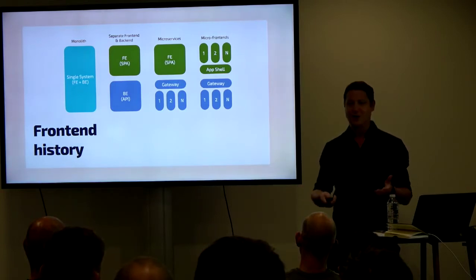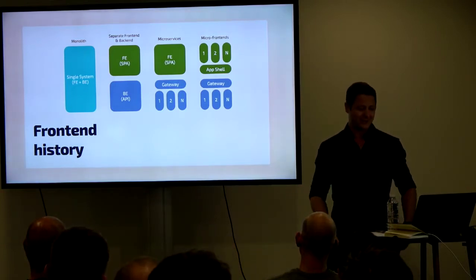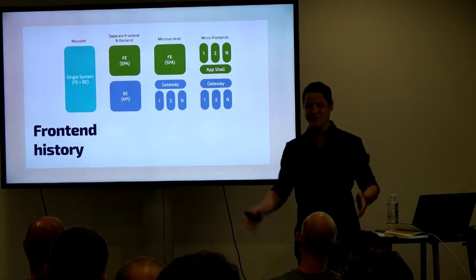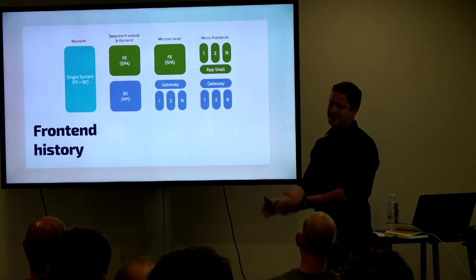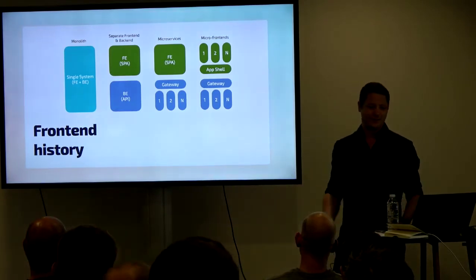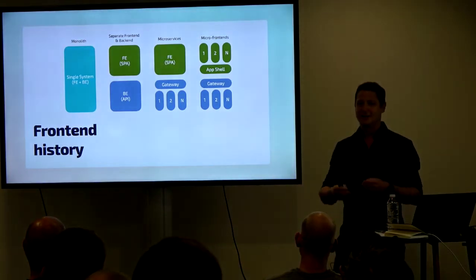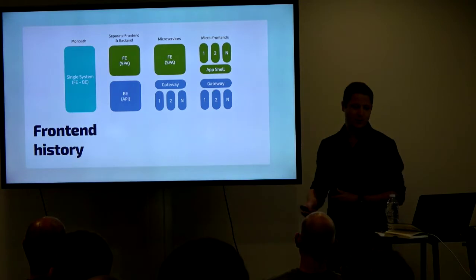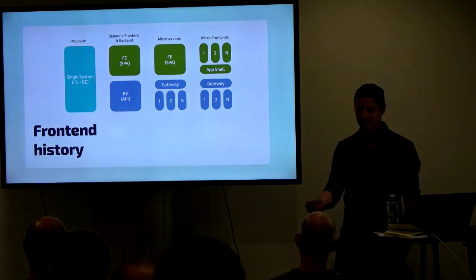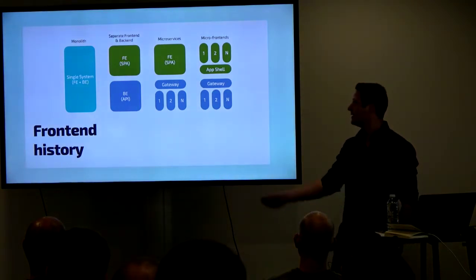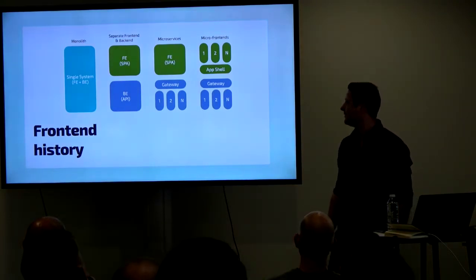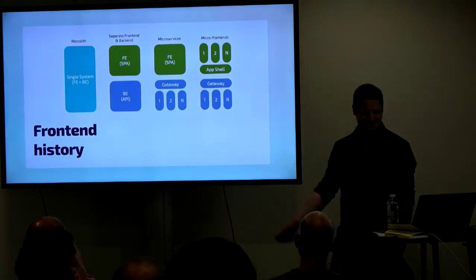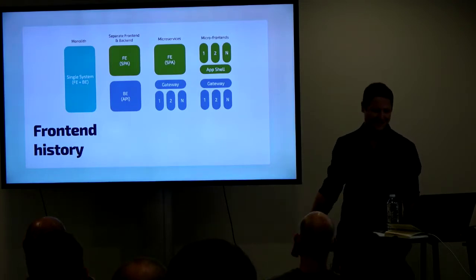Then we moved on to microservices. The backend team said, well, we want to split our code even more. We want to have smaller slices with distinct responsibilities that we can then do in smaller code slices. And on the front end, we kind of twiddled our thumbs and thought, well, this single page application is actually working.